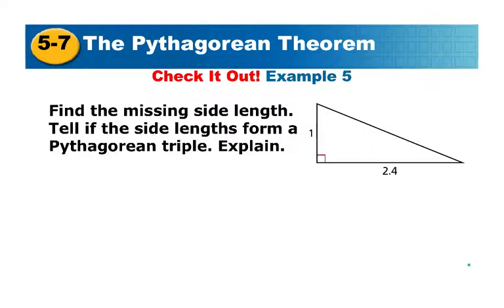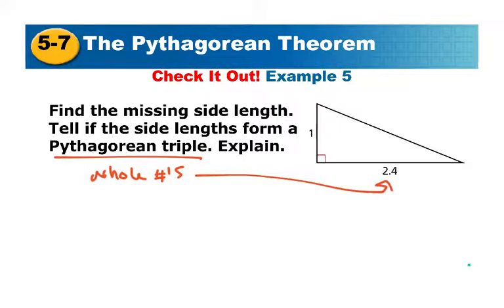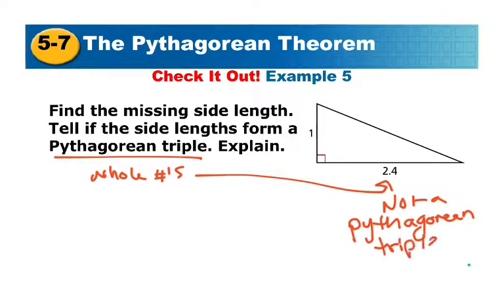Alright. The next one here, we're supposed to find the missing side length and tell if it's a Pythagorean triple. Well, remember, a Pythagorean triple is whole numbers. And so I can already see that this is not a whole number because of that 2.4. But it does also want us to find the missing length, so we will go through and find that. So a can be 1, b can be 2.4.